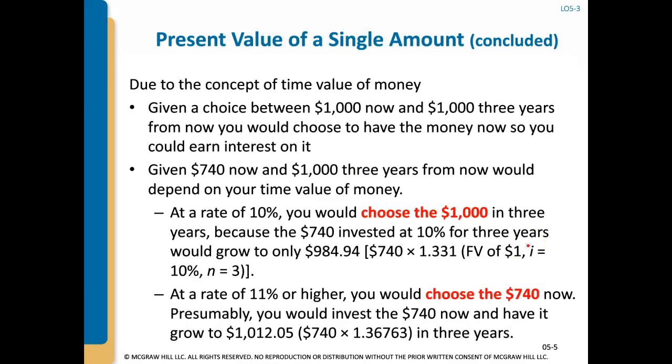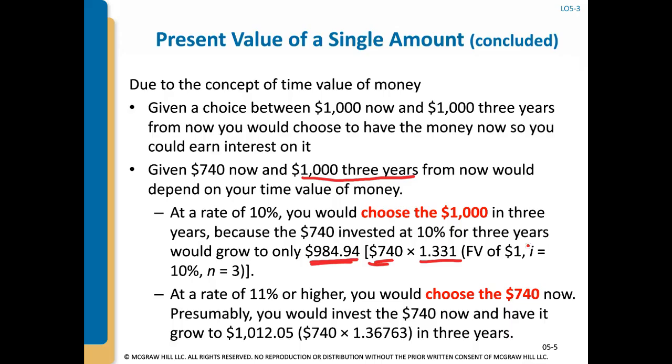I would take $740 times 1.331, which gives me $984.94 in 3 years. So if I earn 10% over a 3-year period investing $740, or I get $1,000, I'd rather just get the $1,000 in the end, because if I invest my $740 for 3 years, I would only get $984, which is less than the $1,000.